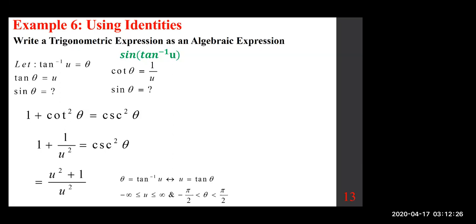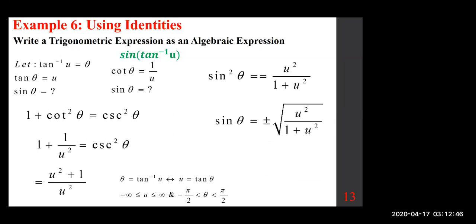What is sine squared? The reciprocal of that. So what is sine theta? Plus or minus the square root. The u squared comes out as u, and we choose only the positive.